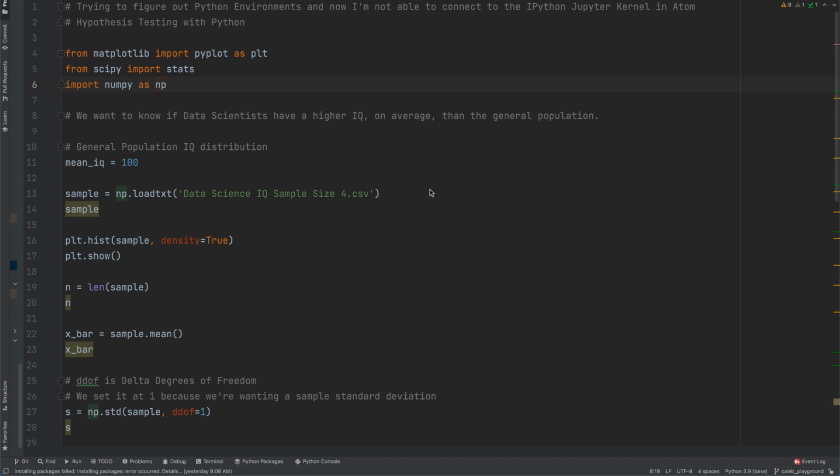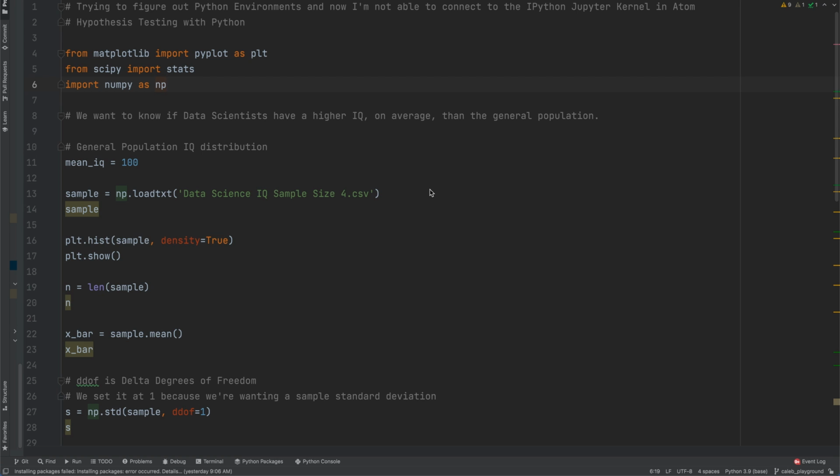First, this week I've been trying to figure out Python environments and the internal structures of how Python works overall, and that's led to deleting and then reinstalling Python in a couple of different ways and trying to figure all that out.